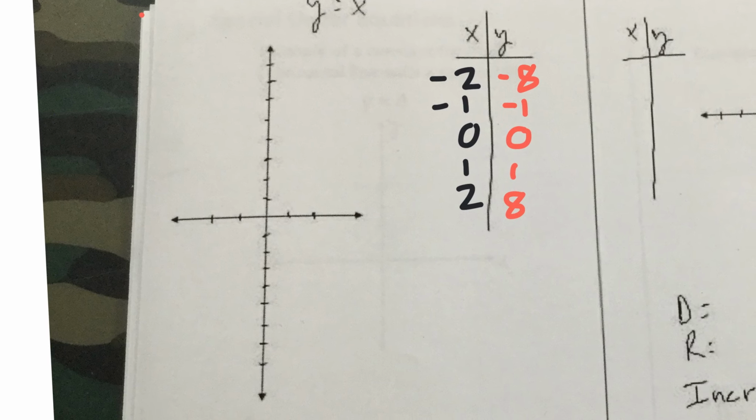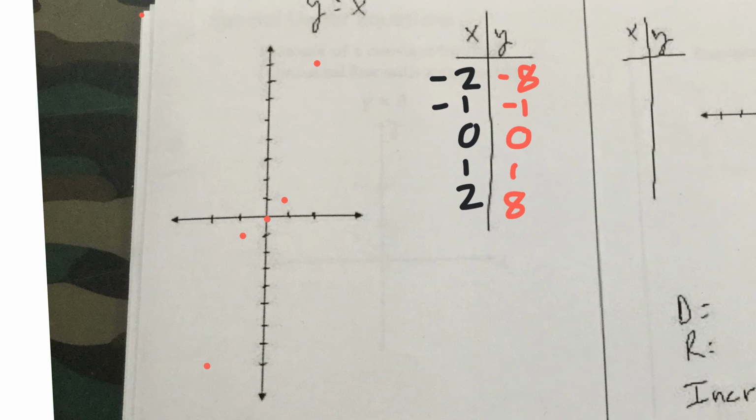So now with those 5 critical points, I'm going to graph them. So I go to -2, -8, -1, -1, 0, 0, 1, 1, 2, 8.